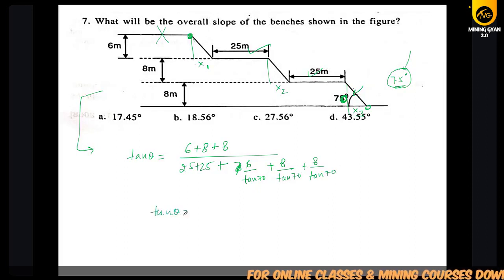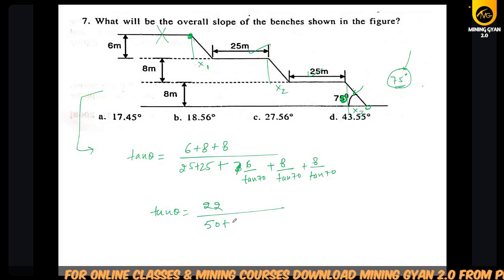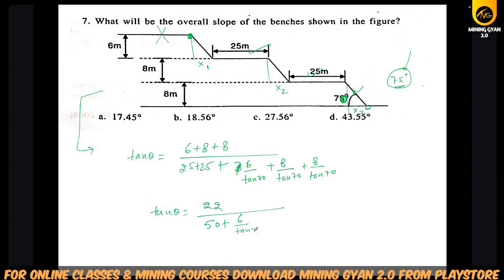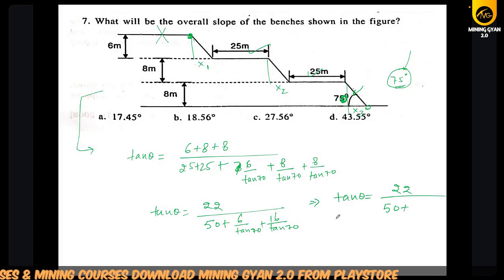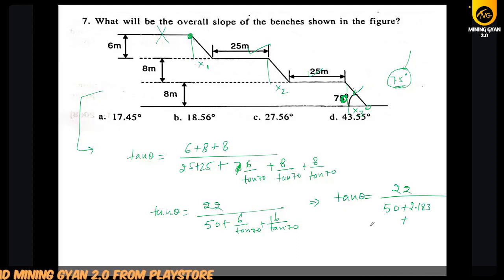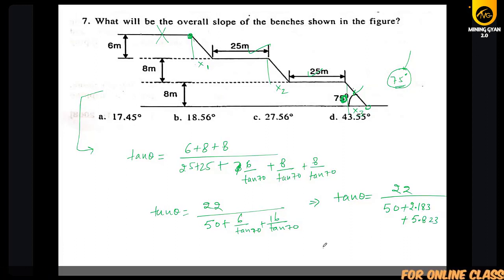So tan theta equal to 22 divided by 25 plus 25 plus 6 by tan 70 plus 8, 16 by tan 70. So tan theta equals 22 divided by 50 plus 6 divided by tan 70, which will be 2.183, plus 16 divided by tan 70. So it will be 5.823.